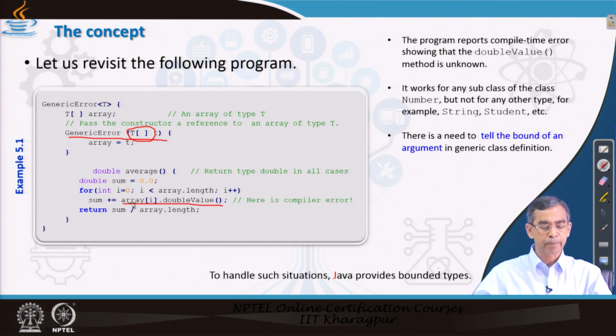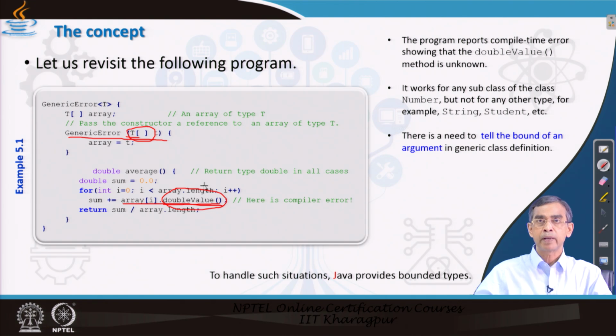T is a type, and array is basically an object of that type, and we want to access the method doubleValue, under the assumption that this doubleValue method is defined for type T. Now, this doubleValue method is in fact defined in a class called Number.